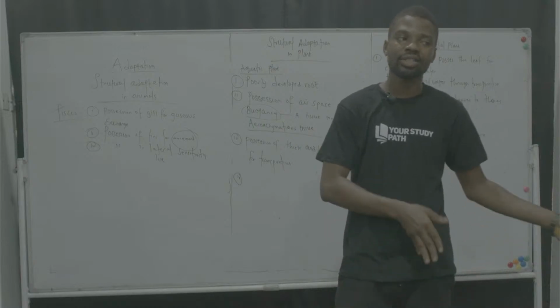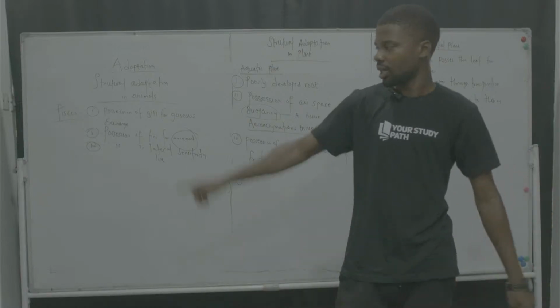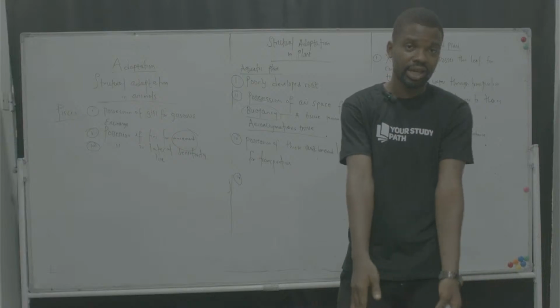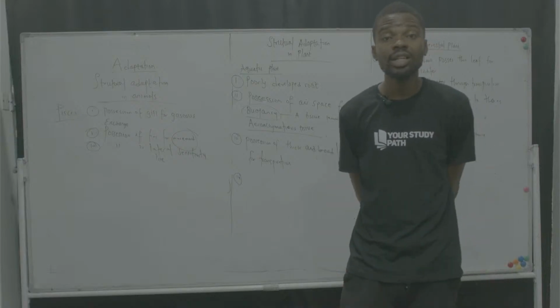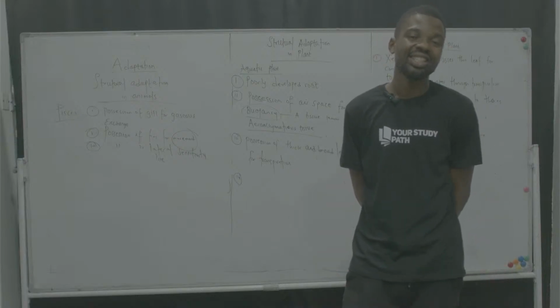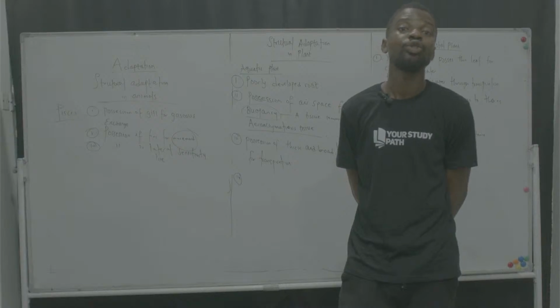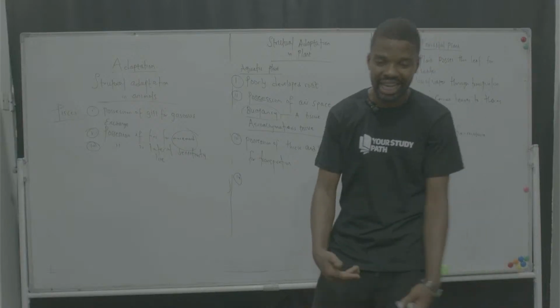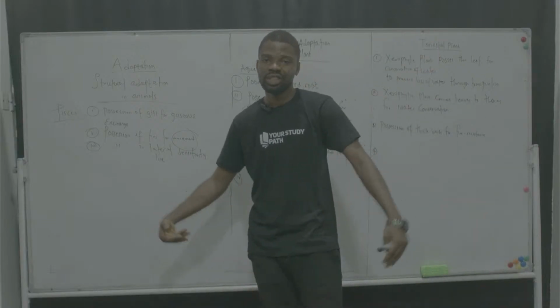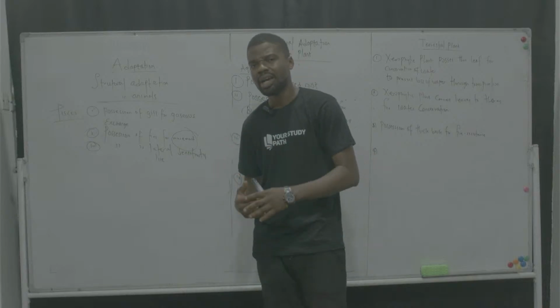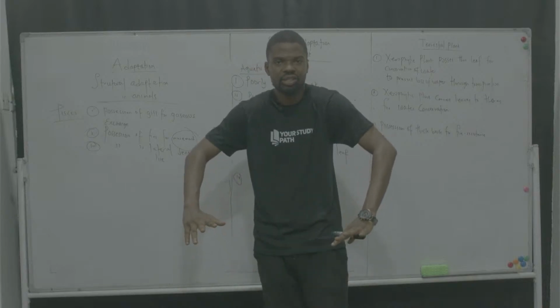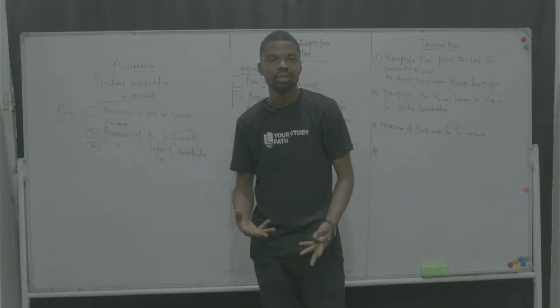Just like aerenchymatous tissues is for buoyancy in plants. In fishes which live inside water, they don't need aerenchymatous tissues. They use their swimming bladder. So when they are inside their habitat, the swimming bladder helps them in buoyancy. Okay?